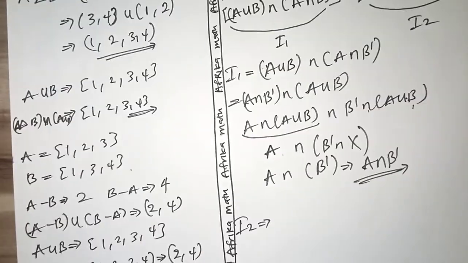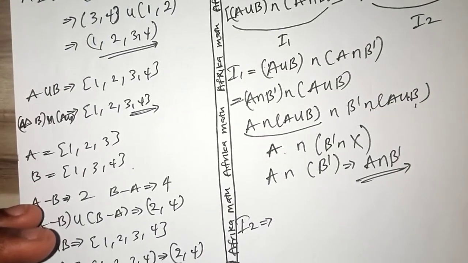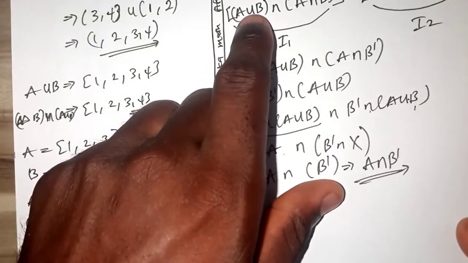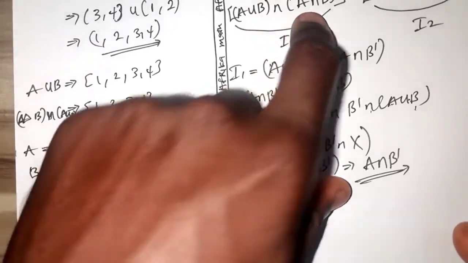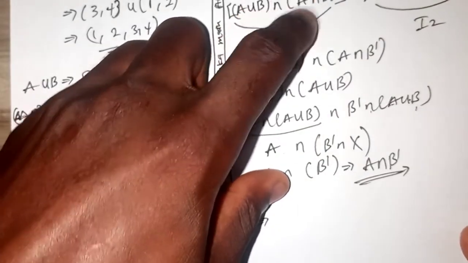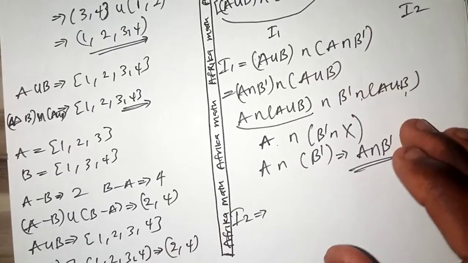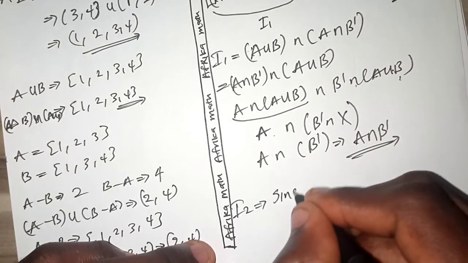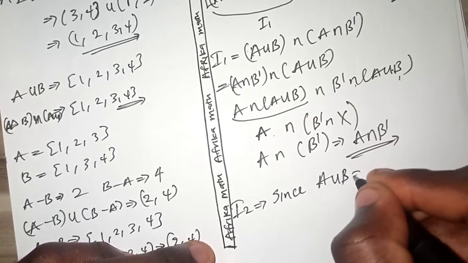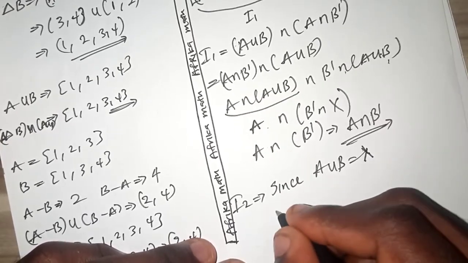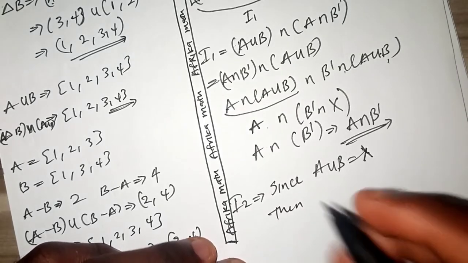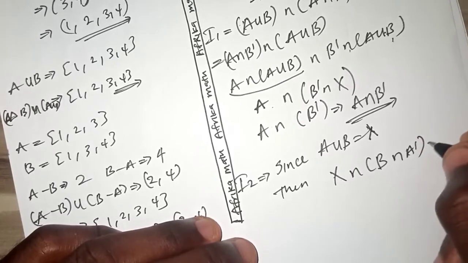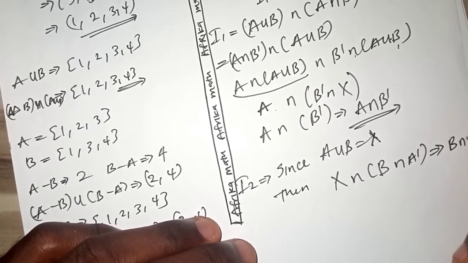Okay, I2. Now the reason why I said I don't want to use that method is because if you check this one, A union B intersect A intersect B prime, you can see this one is universal. The intersect, we have the result. Same thing applies here. Let's use that method here. Since A union B is equal to X, then X intersect B intersect A prime will give us B intersect A prime.